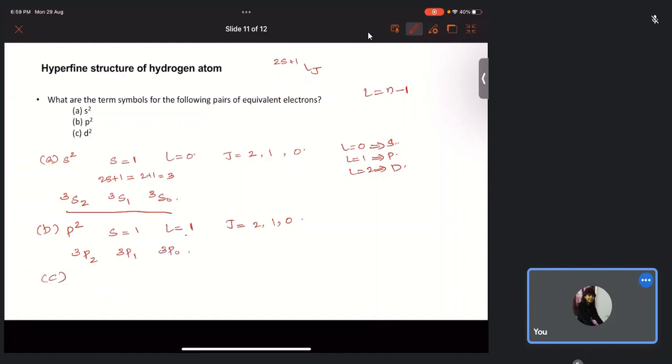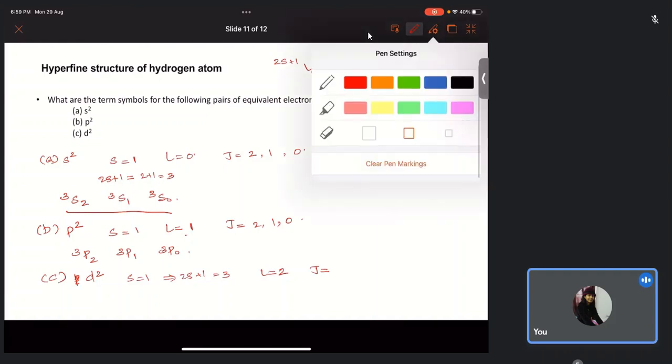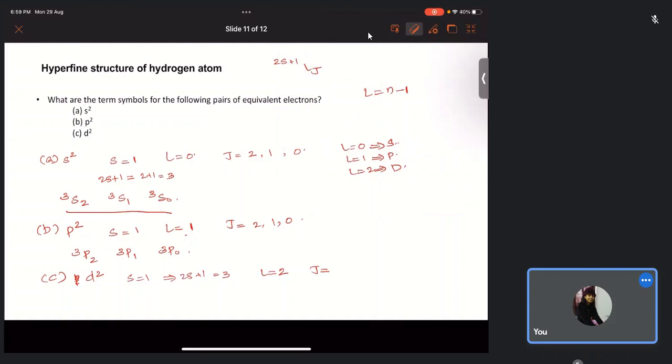When it is d square, d2, S is equal to 1, which implies 2S plus 1 is going to be 3. L is equal to 2. J can have, okay, here in that particular case my J values are also wrong. Sorry.